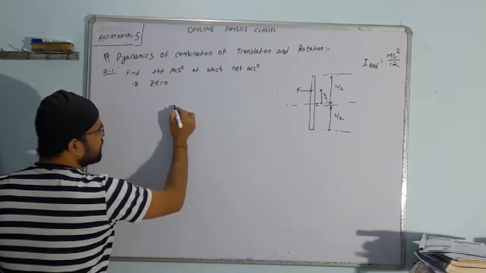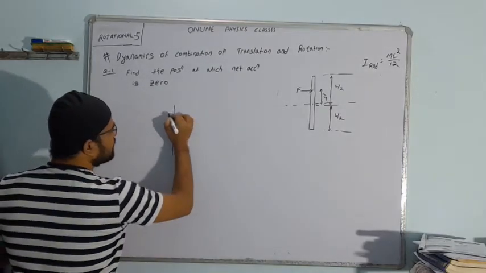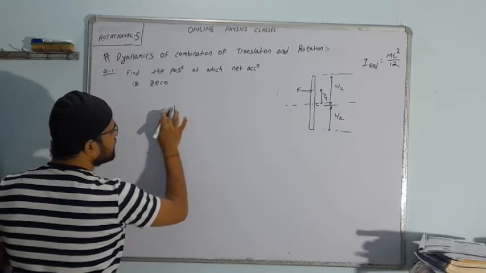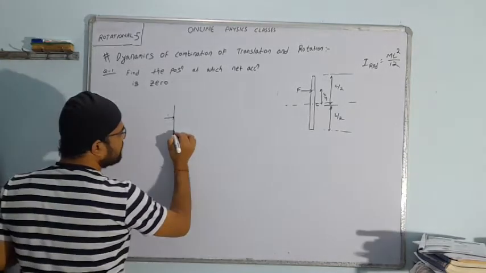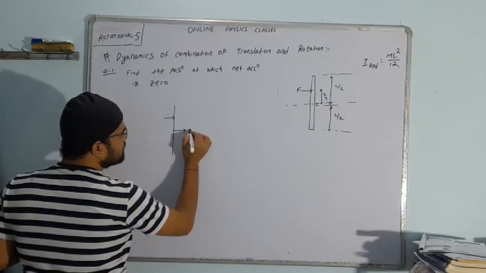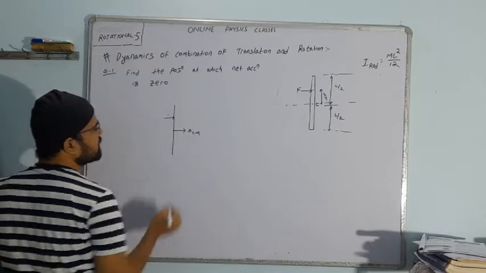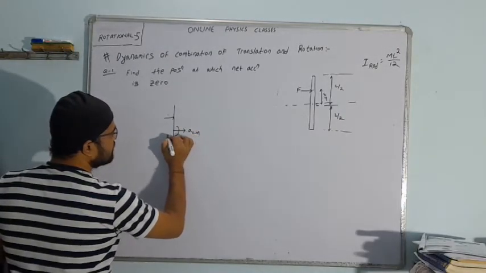For simplicity, say this is a rod and this is a force acting on it. Due to force there will be acceleration of the center of mass, linear acceleration, and it also gives rotational motion.